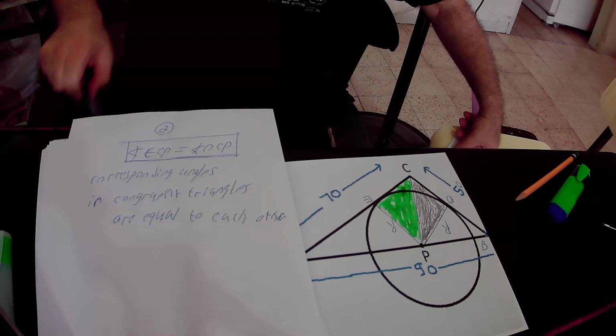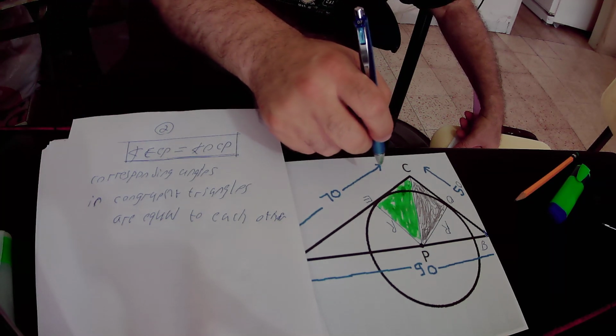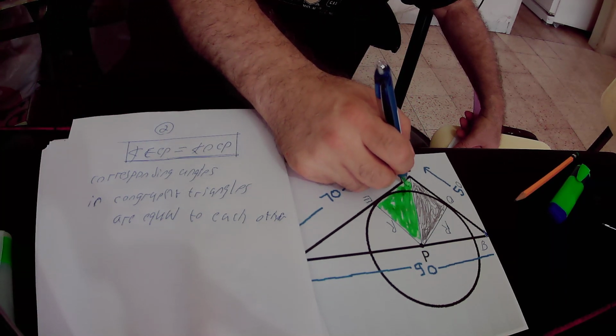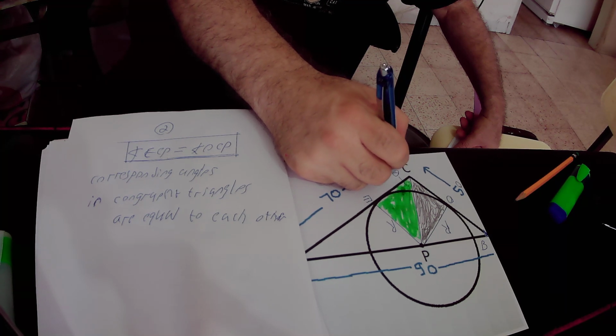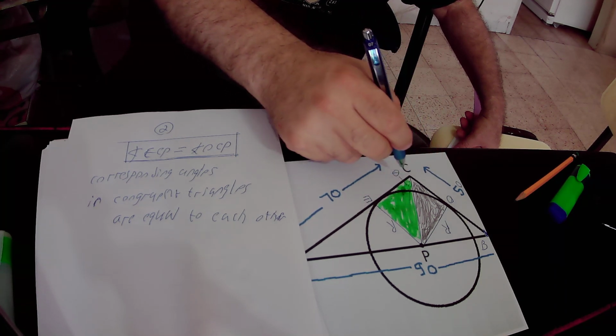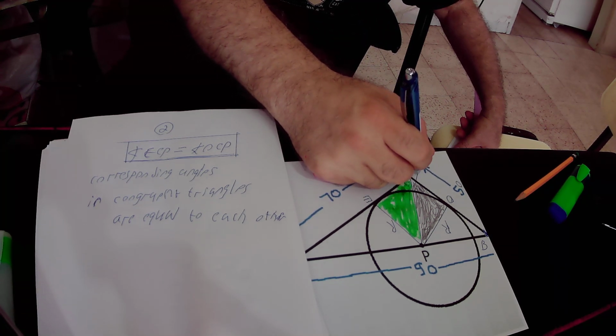So if we call angle ECP theta, then angle OCP will also be theta.